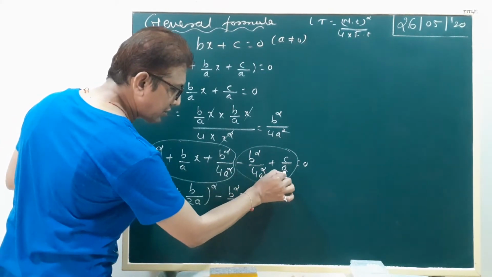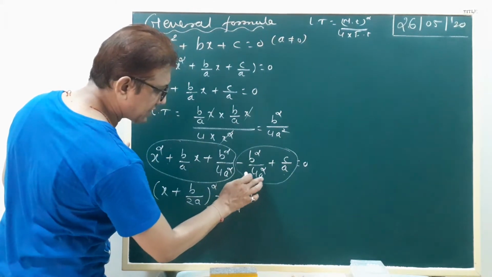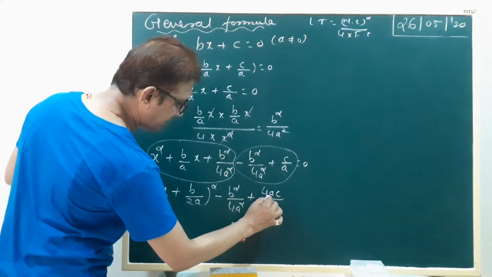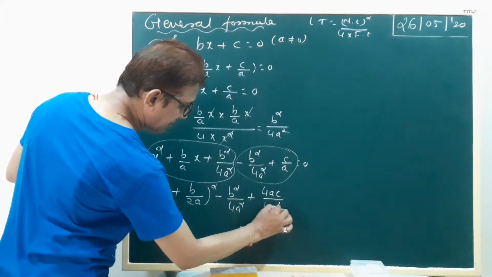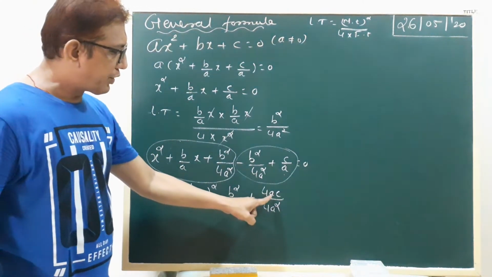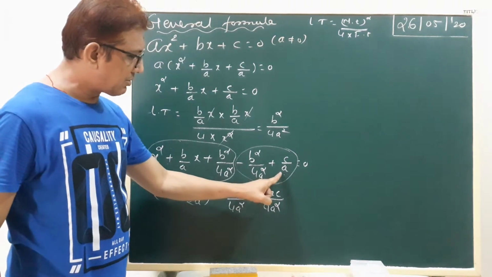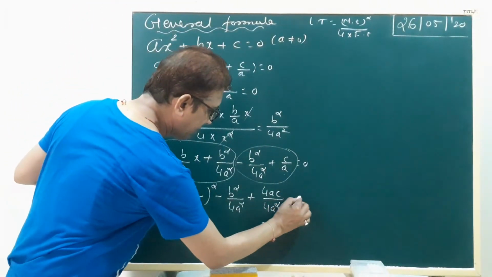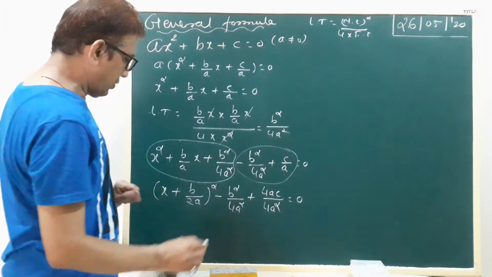Now we try to get the same denominator, here 4a square and here only a. So multiply by 4a in numerator and denominator. 4a into a is 4a square. Okay? Equal to 0.